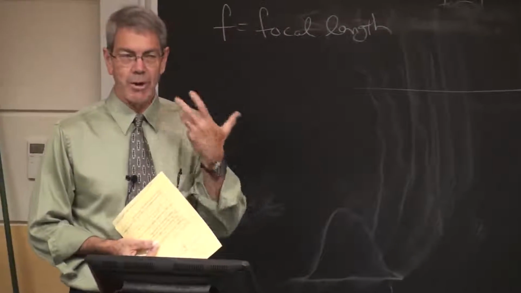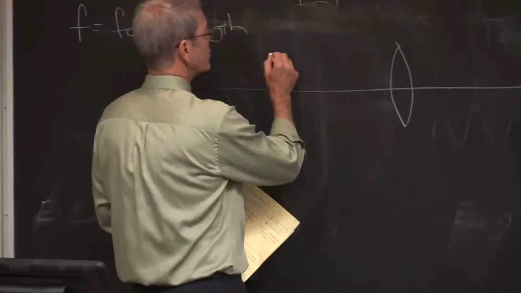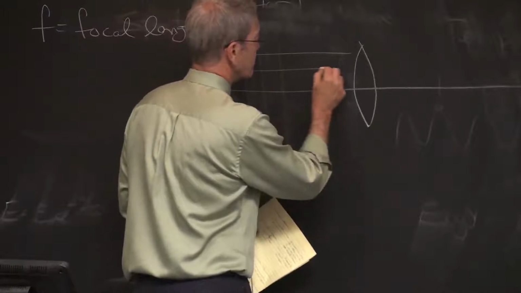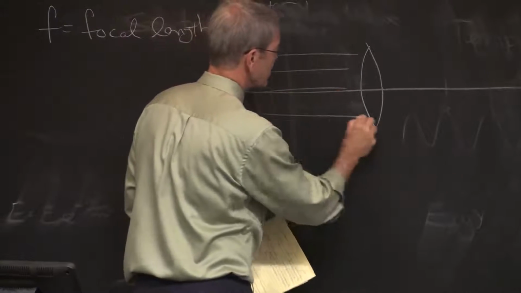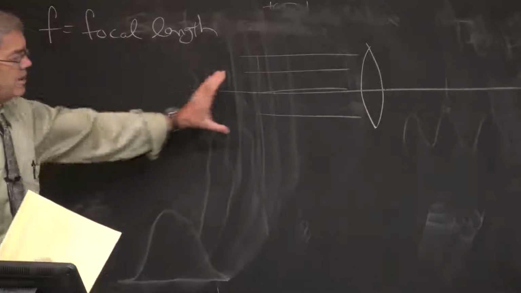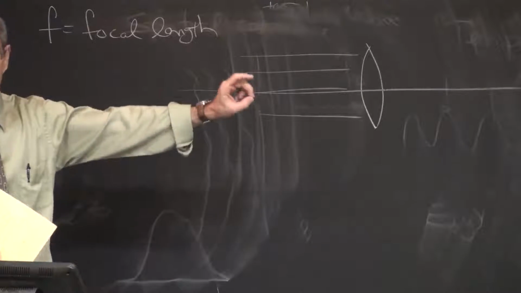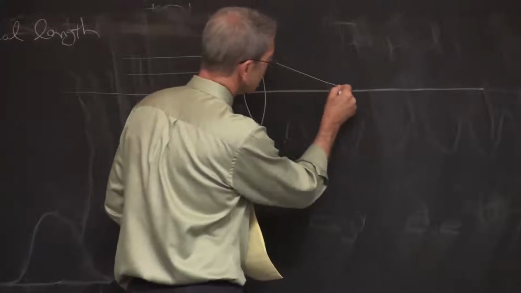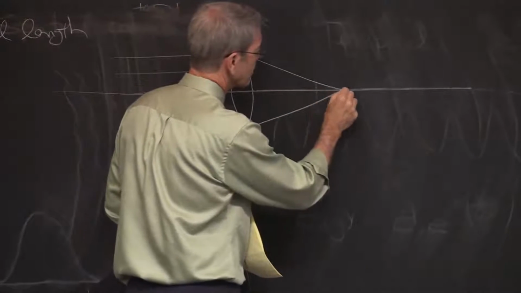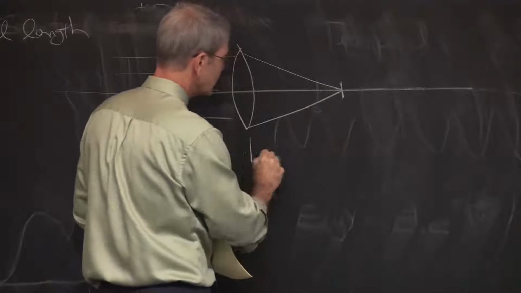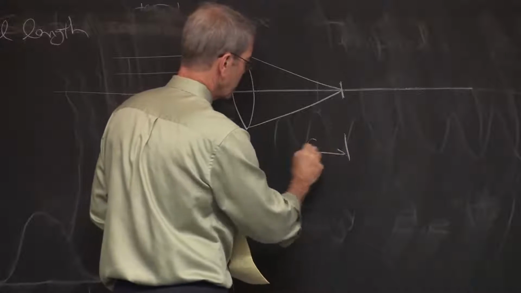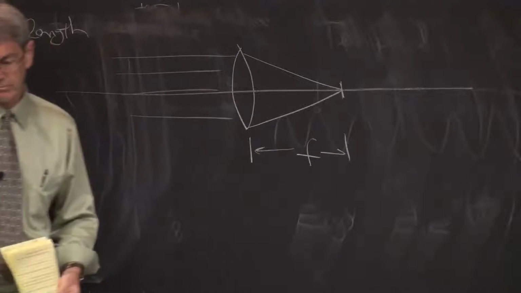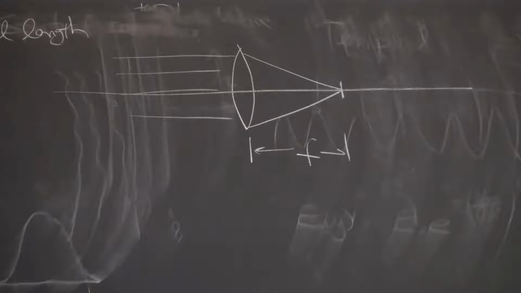If you remember, let's say I bring in a bunch of parallel rays, and I focus the sun. These rays are coming in parallel, and they will all converge at the focal length. So light coming in parallel on one side will converge to one point, the conjugate point, and this distance is the focal length of the lens. Okay, now we know enough to figure this thing out.